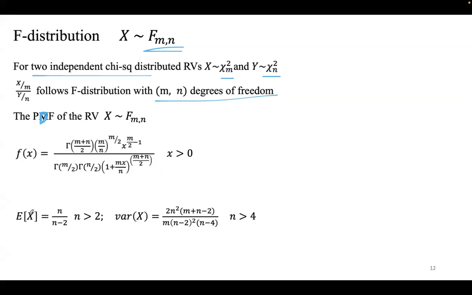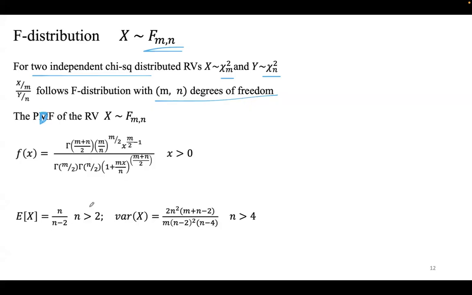When this is solved and when the expectation and variance come into the picture, you can see that there are these denominators here. So the expectation has the denominator n minus 2, and variance has the denominator n minus 2, n minus 4.